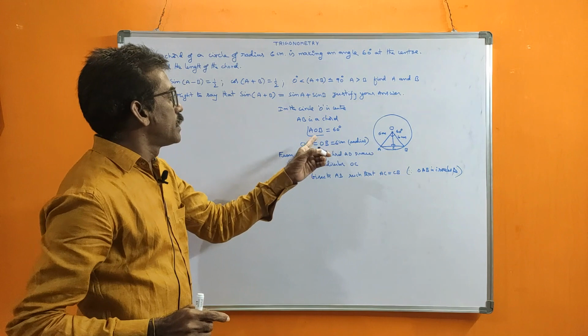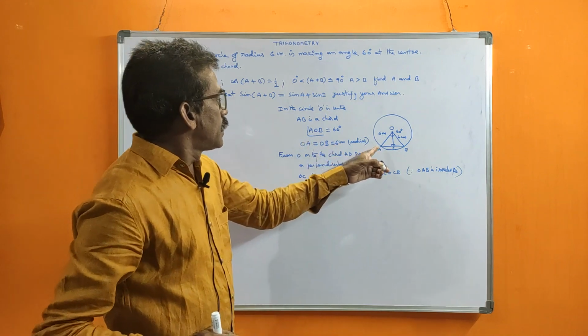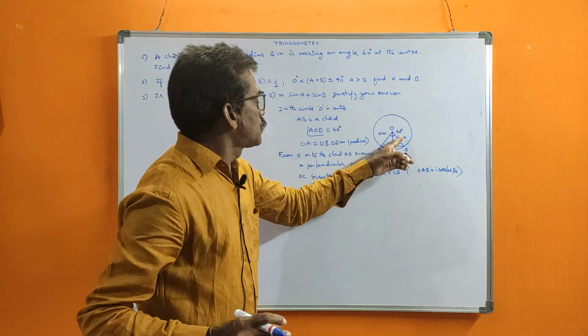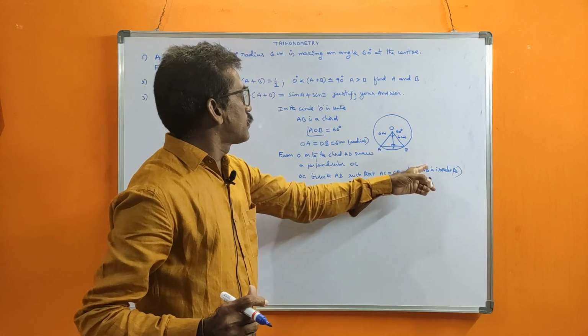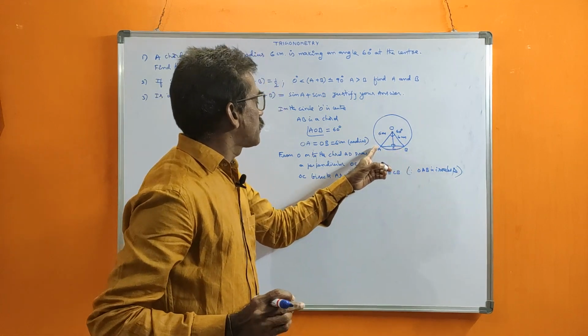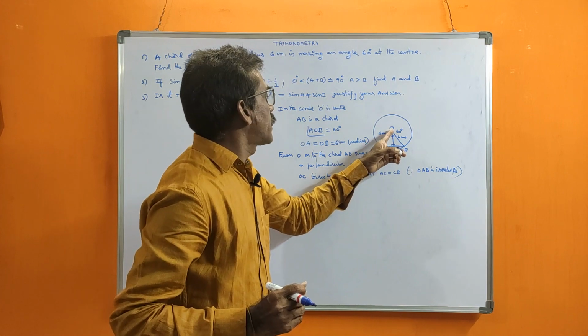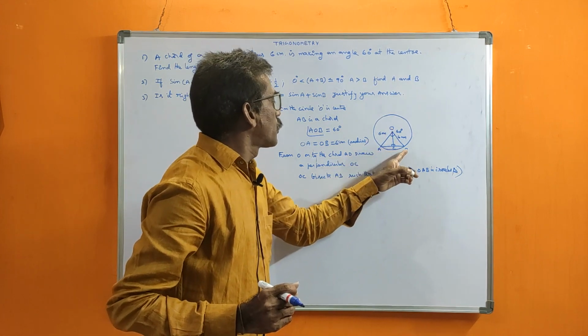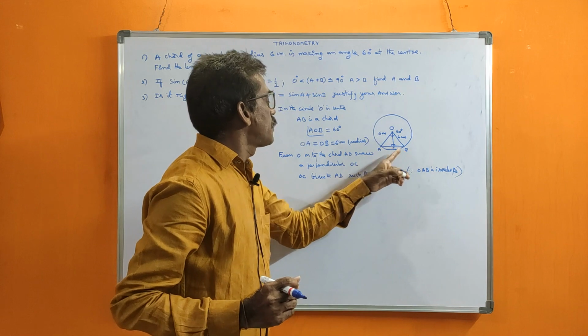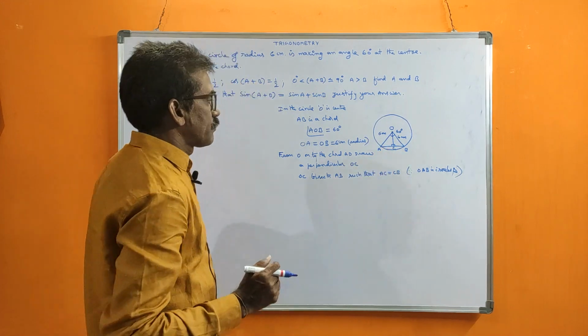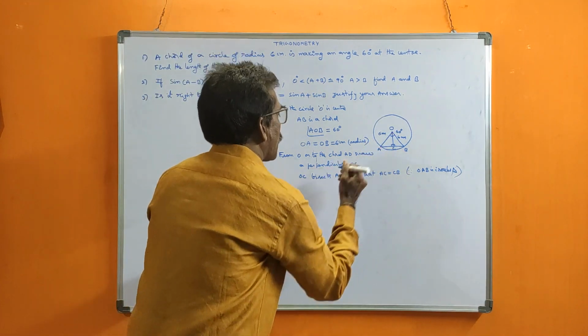OA is equal to OB, as we wrote. So in this triangle these two sides are equal. That's why OAB is an isosceles triangle. Because OAB is an isosceles triangle, we are drawing the perpendicular from O to the opposite side AB. It bisects the line and also bisects the angle.